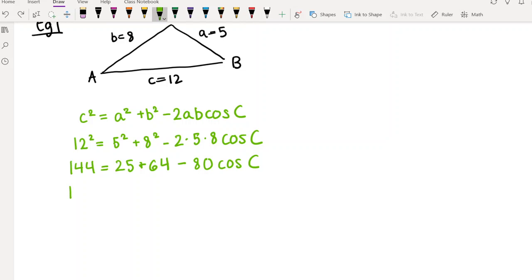So what we can do is subtract all of those numbers over here. So 25 plus 64 is 89. So we're going to have 144 minus 89 is equal to negative 80 times cosine of C. And 144 minus 89 is 55.